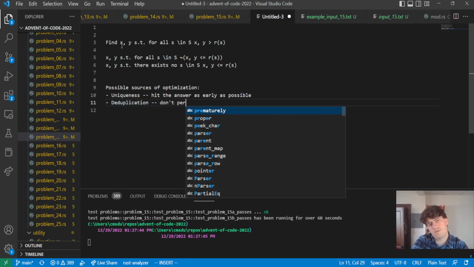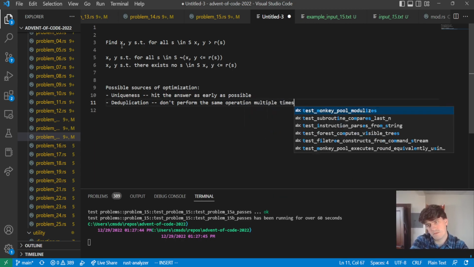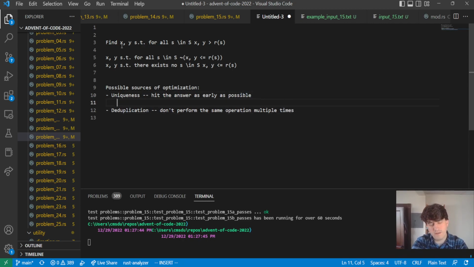Deduplication. Don't perform the same operation multiple times. Anything else? Not really thinking of too many others here.